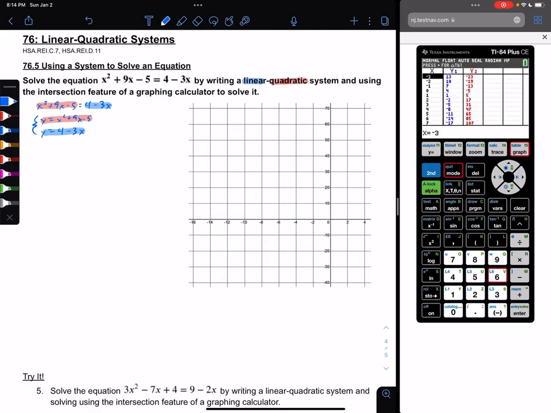For the blue one, we know that this answer is going to be pretty high. The graph goes up to 70. My x values are only up to negative 16, so I'm going to go as far back as I can. Negative 16 goes with 52. So let's plot that.